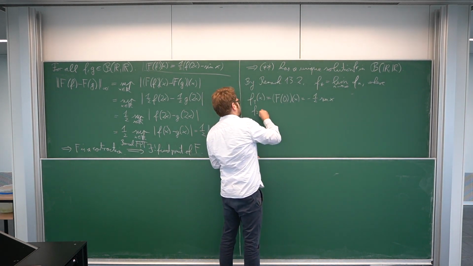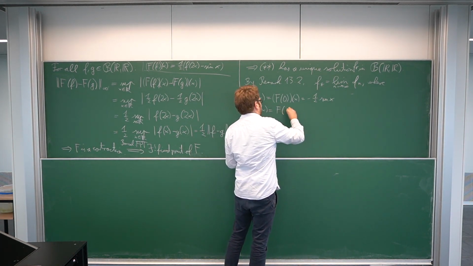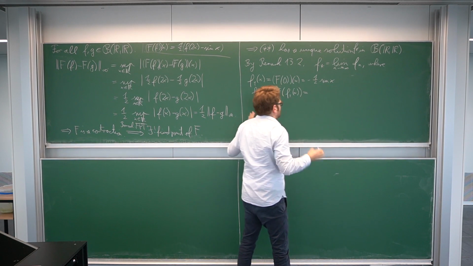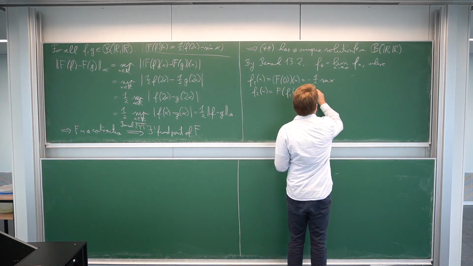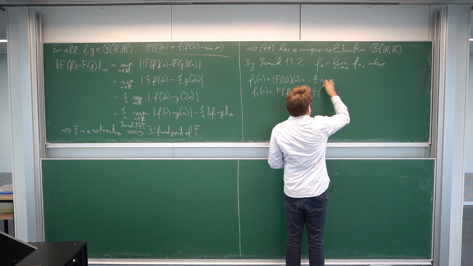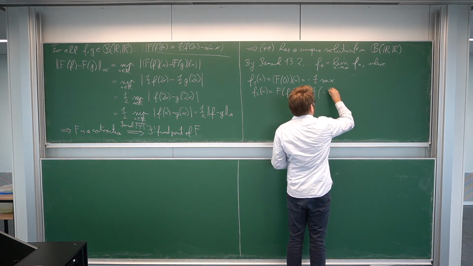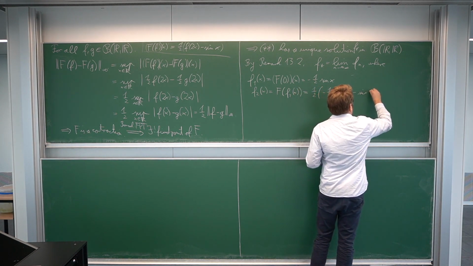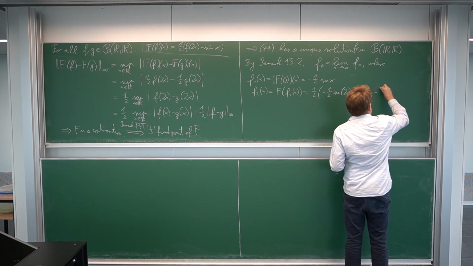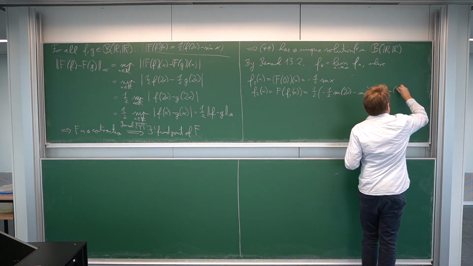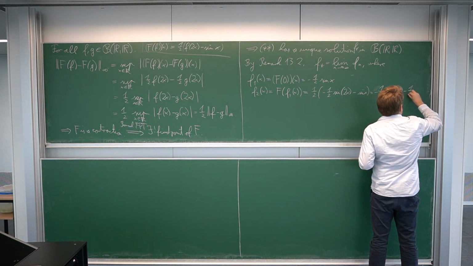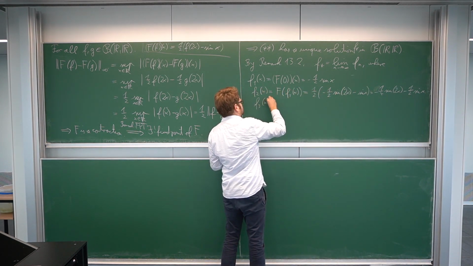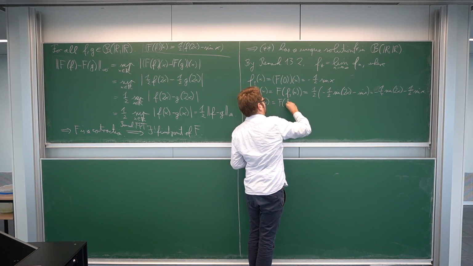Then f2 of x would be F of f1 of x. So 1/2 of this expression at 2x, so minus 1/2 sine of 2x, and then minus sine x, which gives minus 1/4 sine 2x minus 1/2 sine x. And we could go on and on, so f3 of x is F of f2.